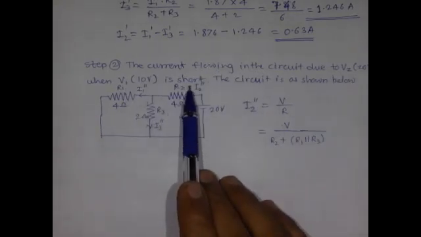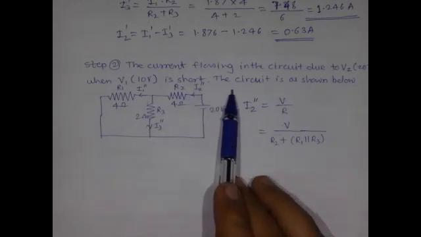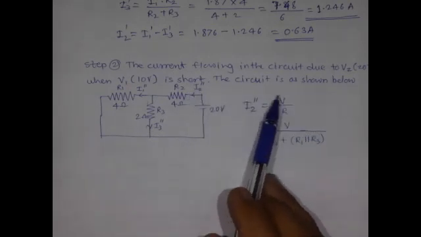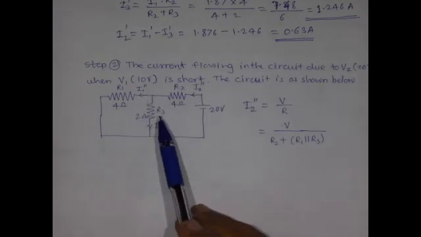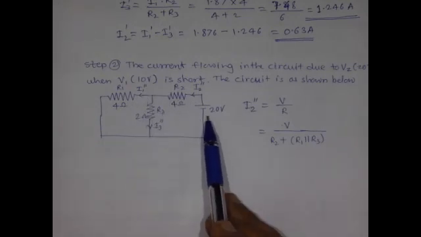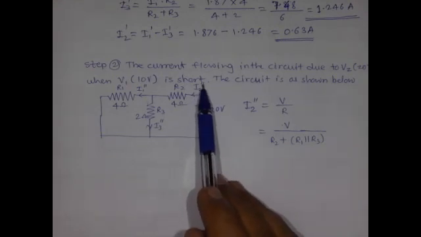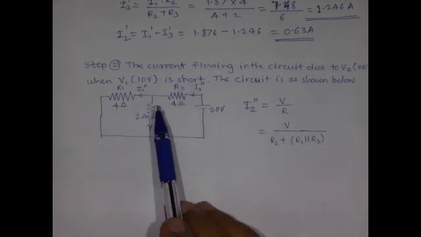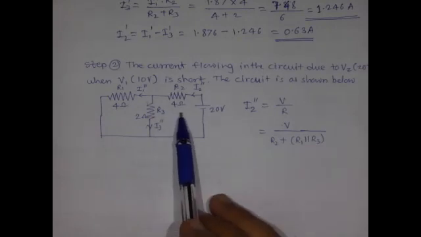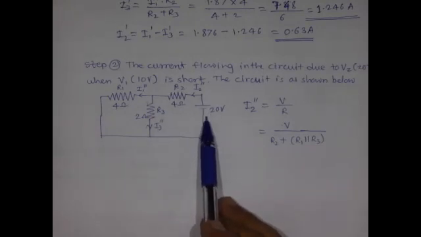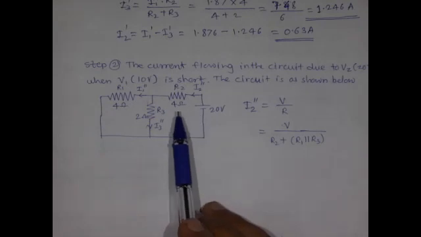When Phi1 is short circuited, the circuit is as shown below. The current components because of Phi2 are represented as I2 double dash, I1 double dash, and I3 double dash. Here the second source is used.